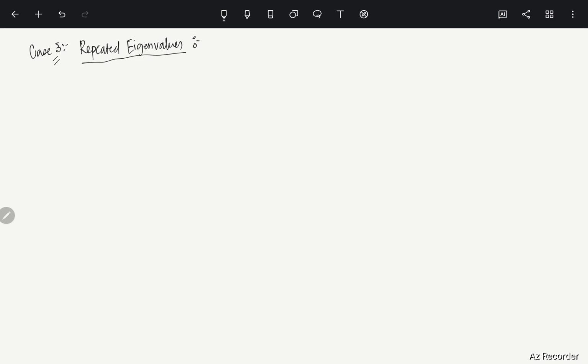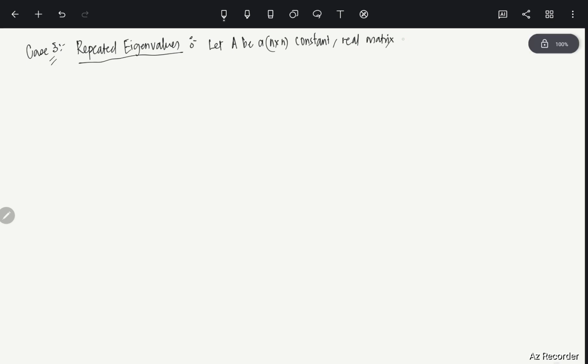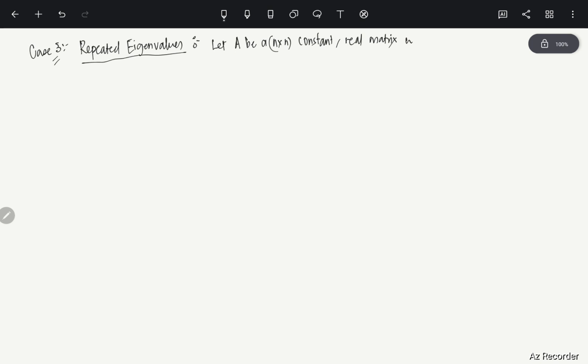Okay, so now let's say that A is an n cross n constant matrix, of course a constant real matrix. Now the thing is with eigenvalues.